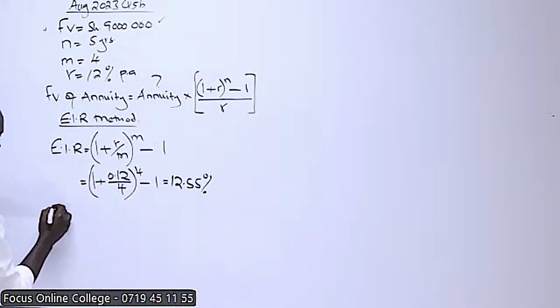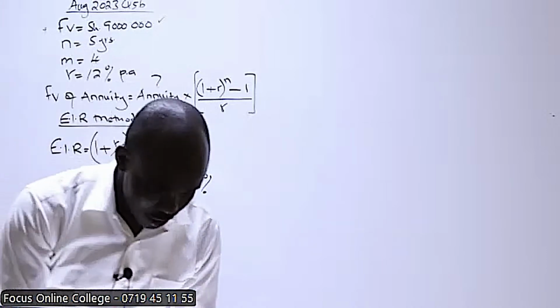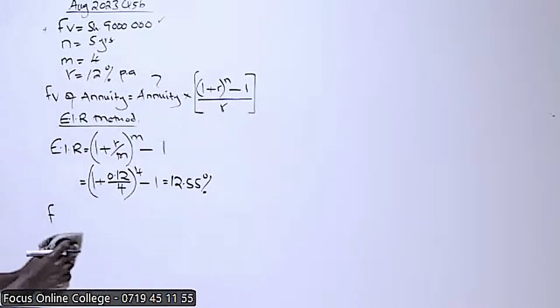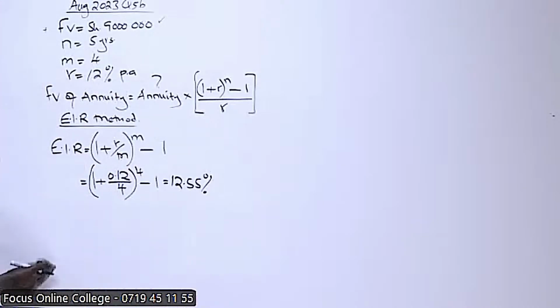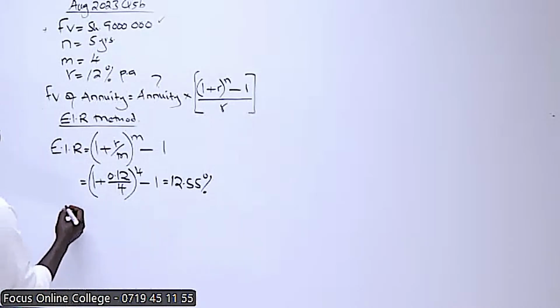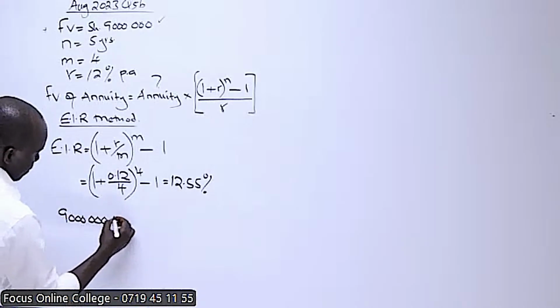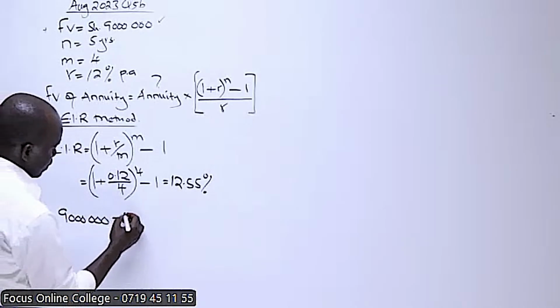So we'll say future value. Is it present value? No, future value is 9 million, equals annuity.